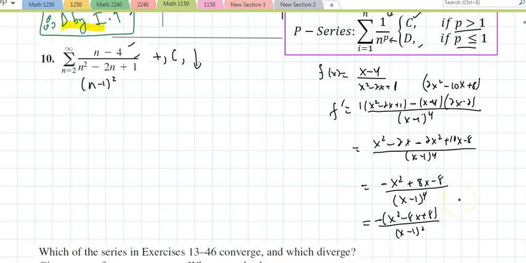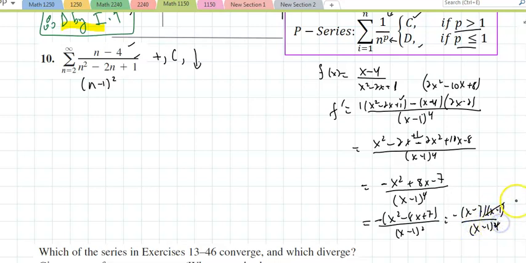And let me see how that works. Oh boy, I forgot a plus 1 there. So that's 1. That makes this a negative 7. I'm like, wait a minute. That's not matching my notes. So altogether, I'm looking at negative x minus 7 times x minus 1 over x minus 1 squared, a fourth.